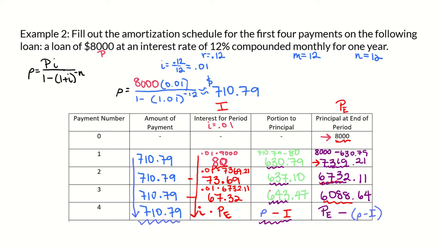And then the portion of the payment that goes to principal is getting larger as we go through the payments. And that's just because the portion that's going to the interest in the column before is getting smaller. And then again, the principal that remains at the end of the period is going to be decreasing until it gets to 0 after the 12 payments.